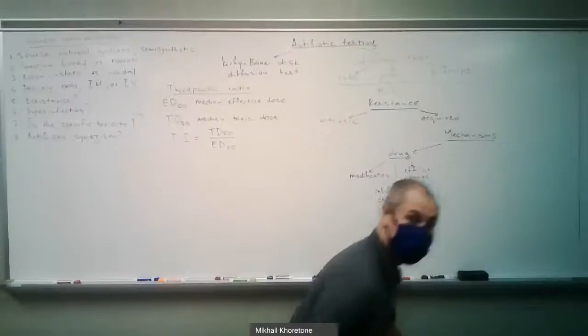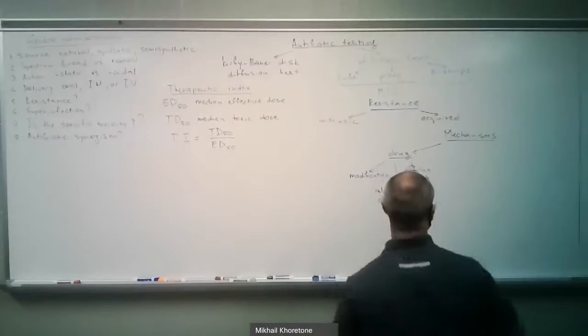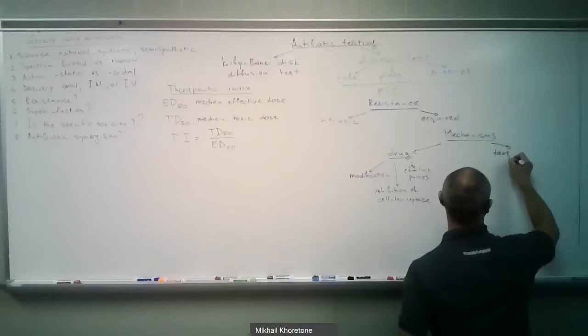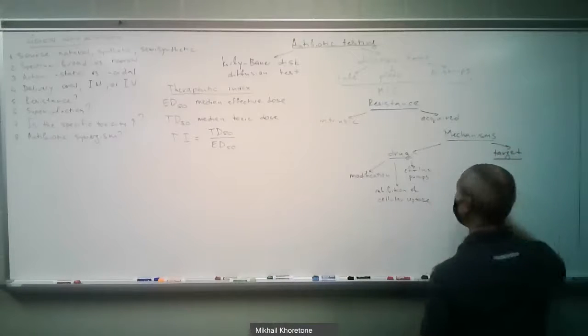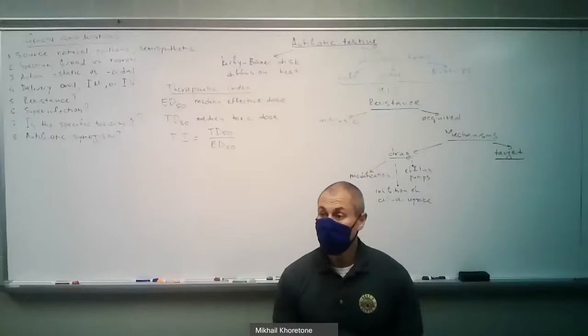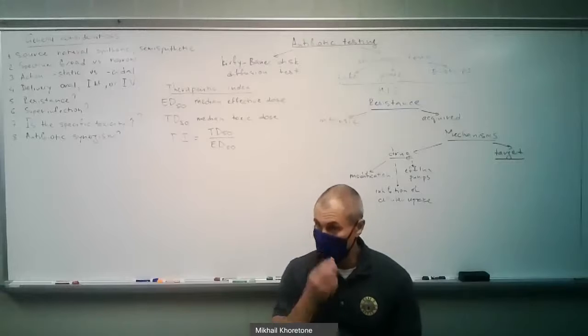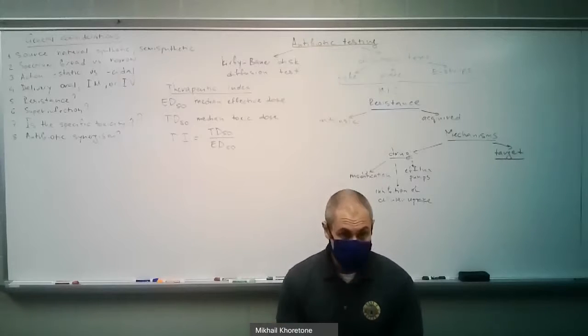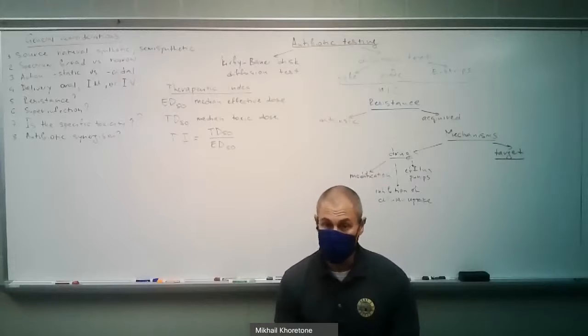Now, another mechanism is associated with the target. Let me clarify what I mean by target. Beta-lactams inhibit transpeptidase, so transpeptidase is a target. Rifamycins inhibit RNA polymerase.